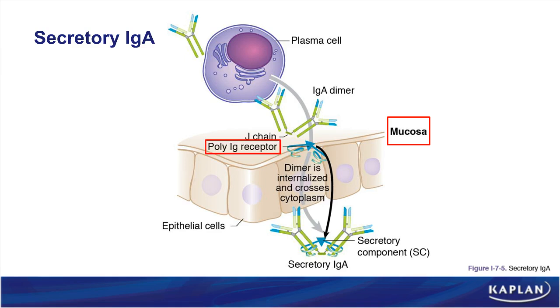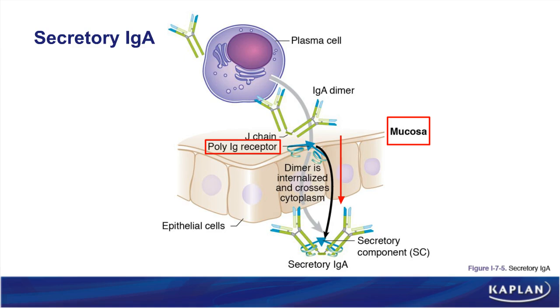The receptor on the basolateral side of these epithelial cells is specific for the J chain, which is going to be found on my dimeric IgA. Once it binds to the J chain, both the receptor as well as the dimeric IgA is going to be engulfed, and it is going to be transposed across the cell.